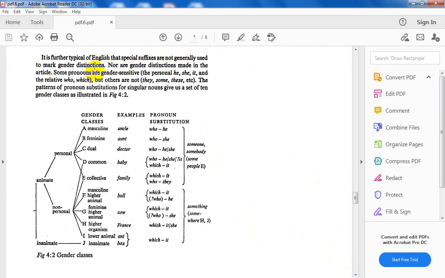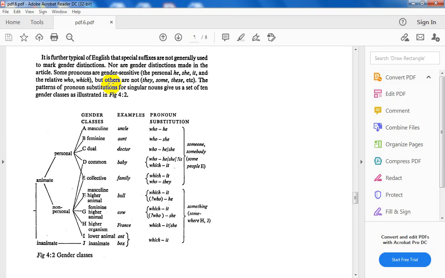What does this mean? In Arabic we say ابن, ابنة. ابن, single, is what? Male. I add to it the taa marbuta, this suffix, and it becomes what? Feminine. This is the idea. Nor are gender distinctions made in the article. Some pronouns are gender sensitive: he, she, it.